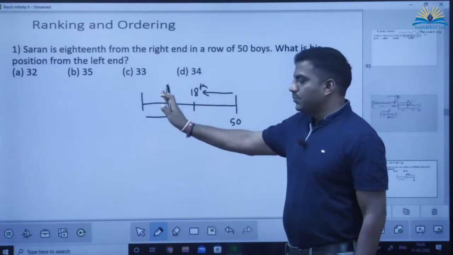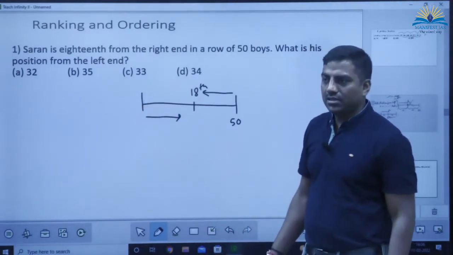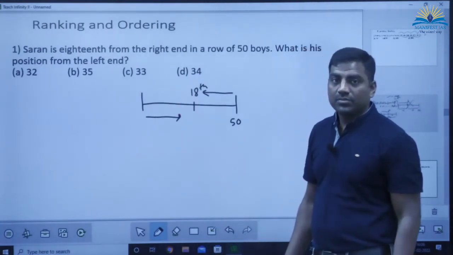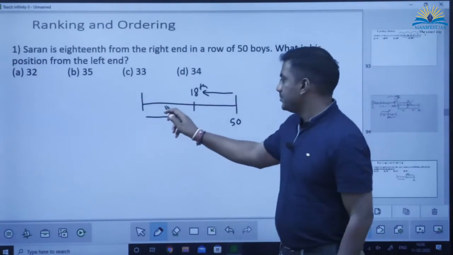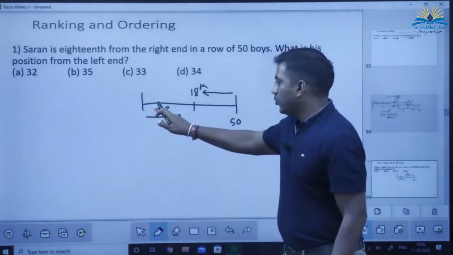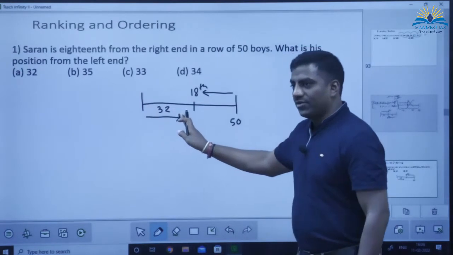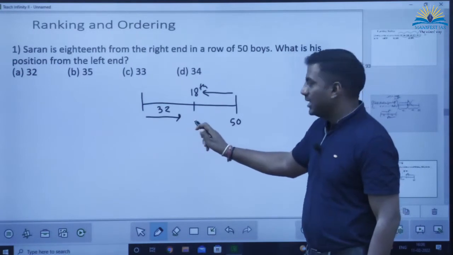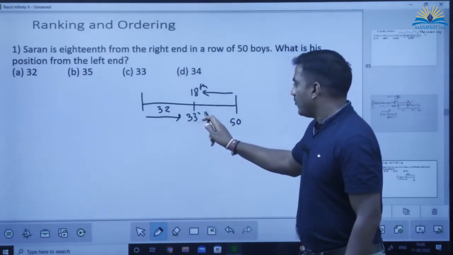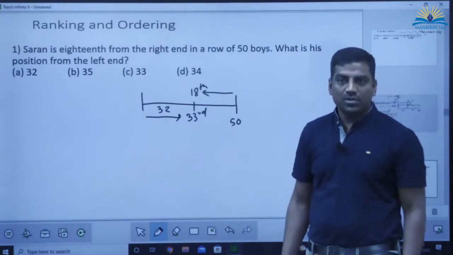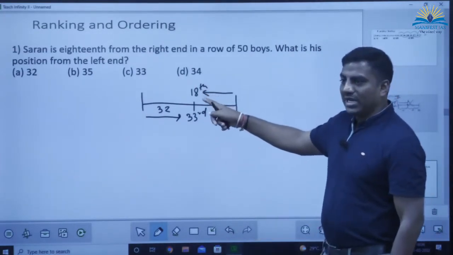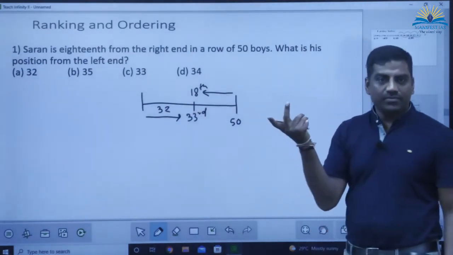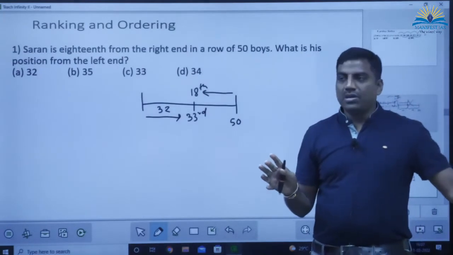After this person to the left, how many persons are there? 32. If you are counting from the left, 32 are done plus that person, so that is 33rd from left. Or simply 33 plus 18 minus 1. Or 32 plus 17 plus 1. Anything. Be comfortable with one thing.